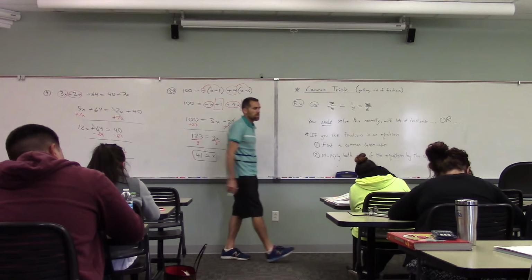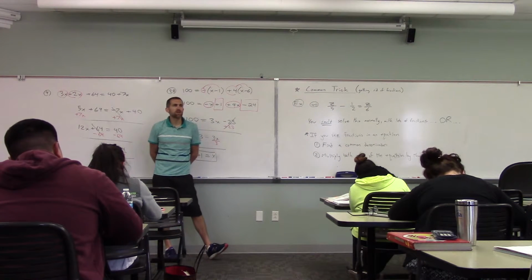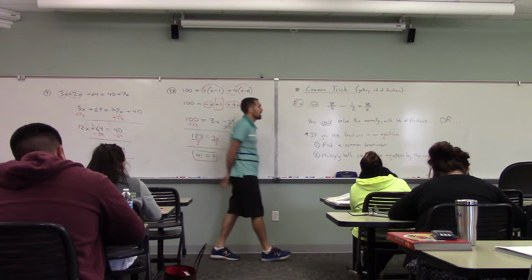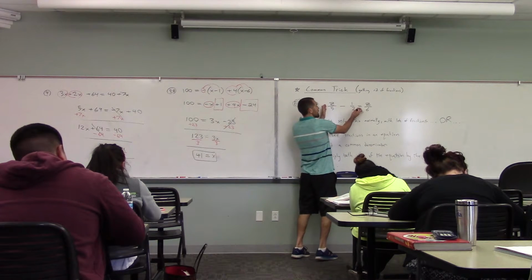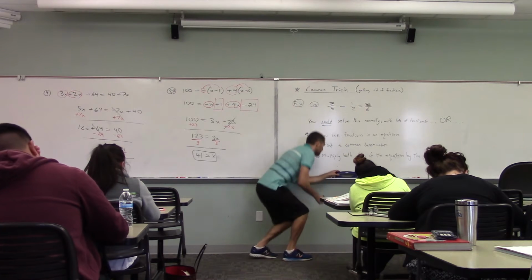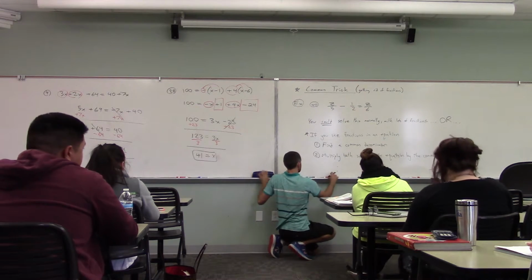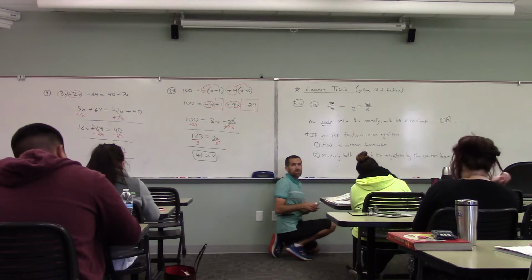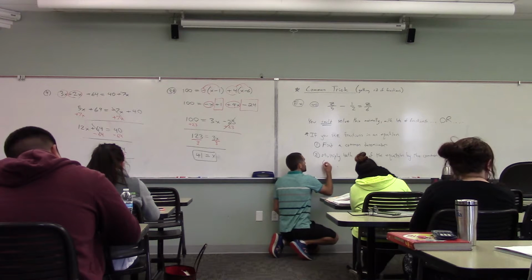So I say multiply both sides of the equation by the common denominator, because we would multiply this entire side, we would be distributing it in. Really that means multiplying every term in the entire equation.